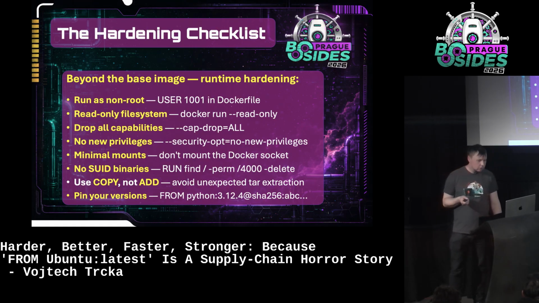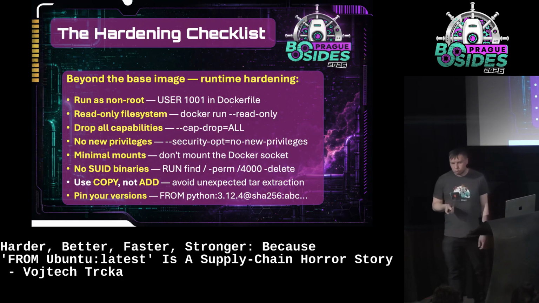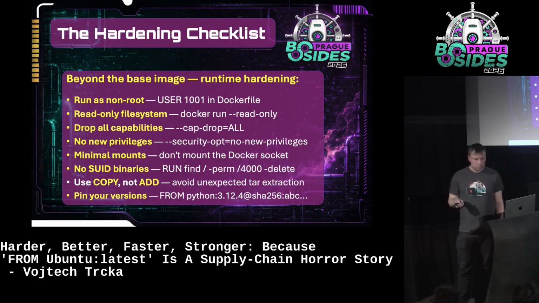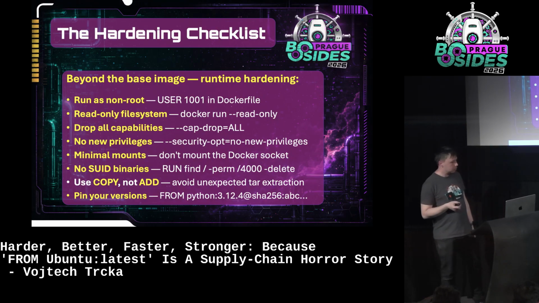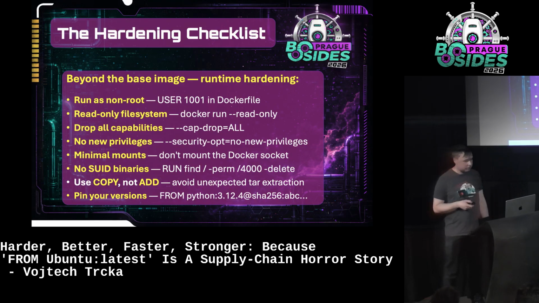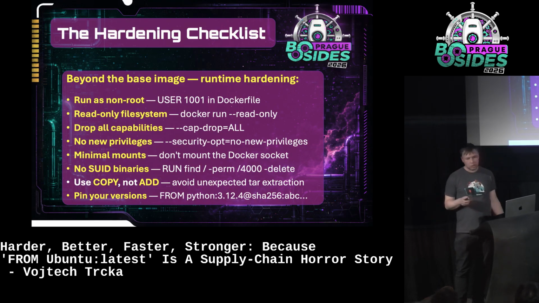Use the read-only flag. It's harder for an attacker to drop tools and files. 3. Drop Linux capabilities. Start with cap drop all and add back only what you need. Most apps really need nothing.